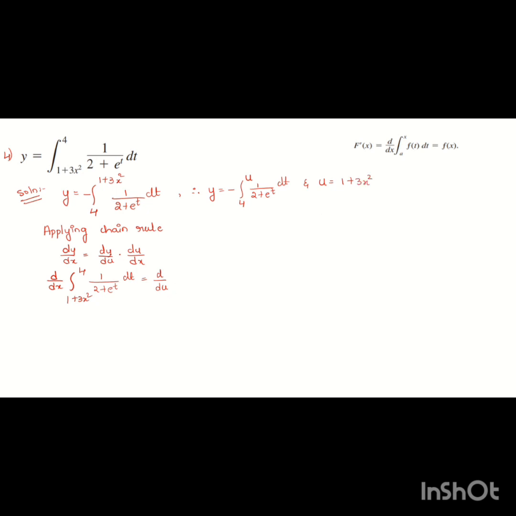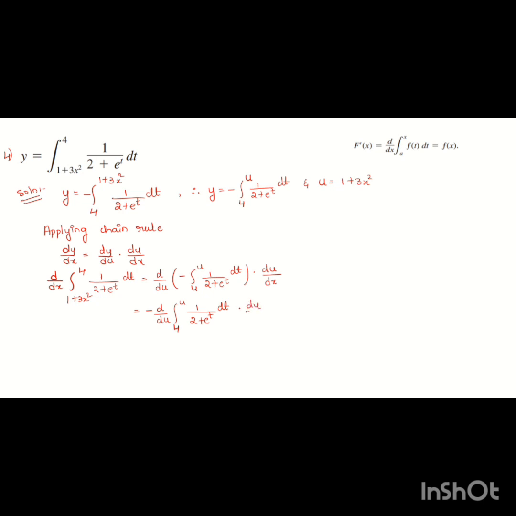Now we substitute the value of y, which is minus the integral from 4 to u of 1 over 2 plus e power t dt, multiplied by du/dx. Now we simplify this. Take this minus sign out of the integral. So it is minus of d/du of the integral from 4 to u of 1 over 2 plus e power t dt, times du/dx.